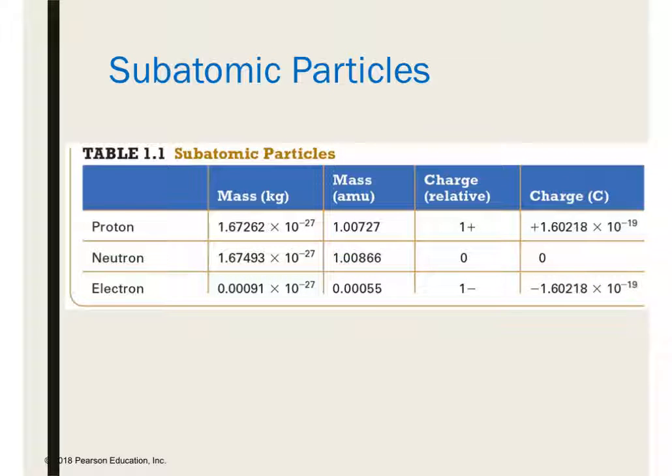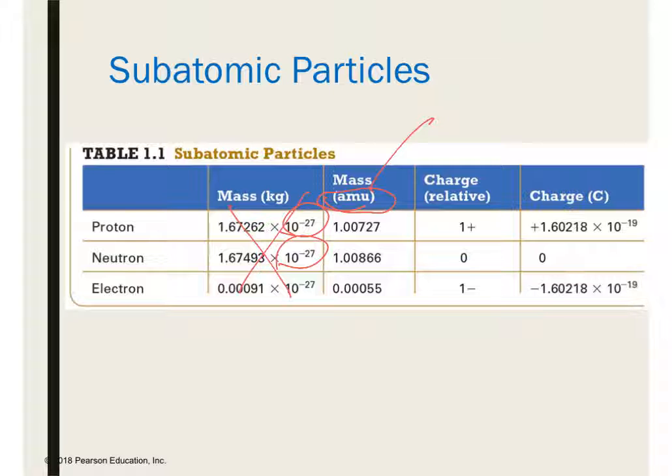So here's a table that summarizes it. You do not need to know the absolute value of the mass of any of these. It is handy to know that scientists developed a mass unit, the atomic mass unit, just for things on the atomic scale because they're so small, and who wants to work with numbers on the order of 10 to the minus 27th?